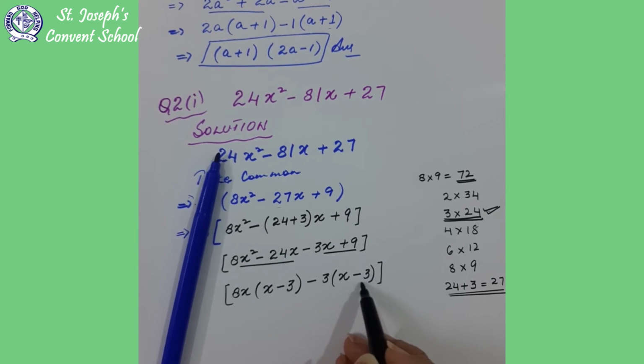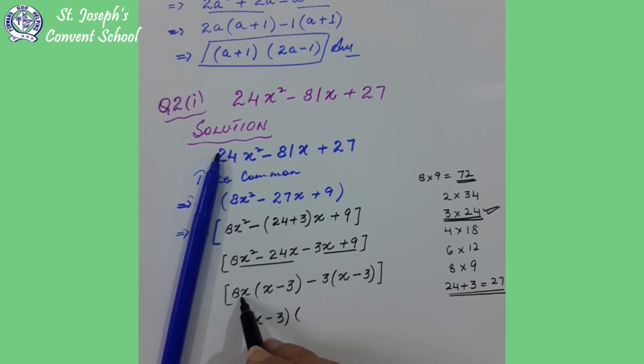These two brackets are the same, which means your factors are correct. Now write the common bracket first, x minus 3, and the remaining terms, 8x minus 3, in the second bracket.